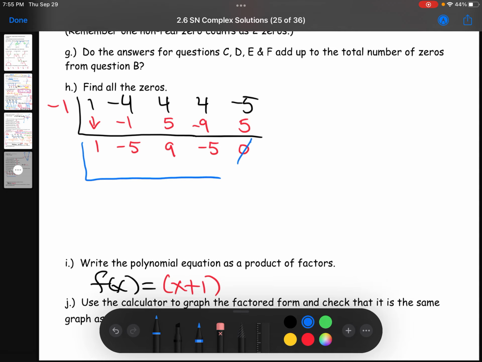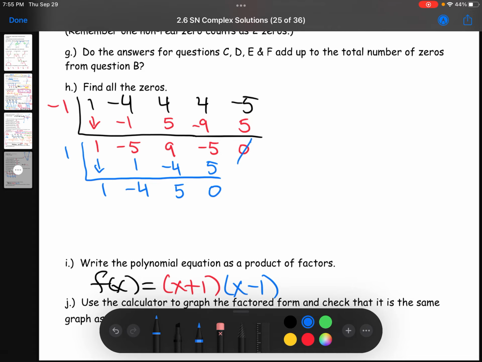Now, we also have a root at x equals +1. So divide out, disregard the 0, divide that factor of x minus 1 out by putting a +1 on the outside. Drop down that first coefficient, multiply, we get 1, add, we get -4, multiply to get -4, add to get the 5, multiply to get a 5, add, we get 0.